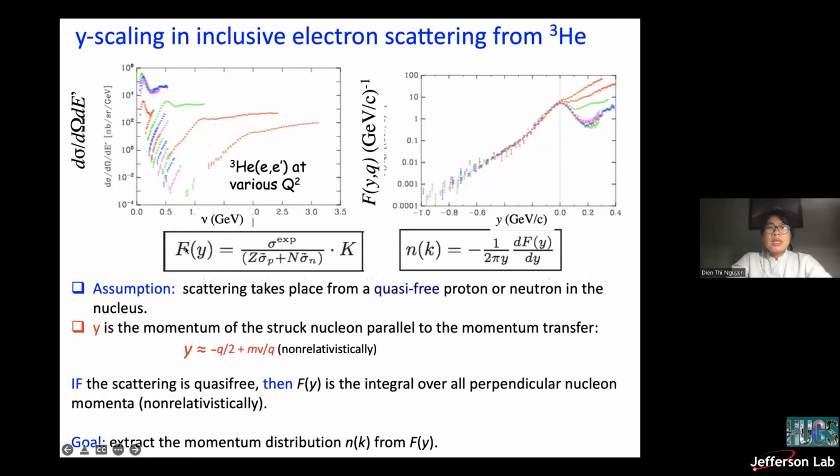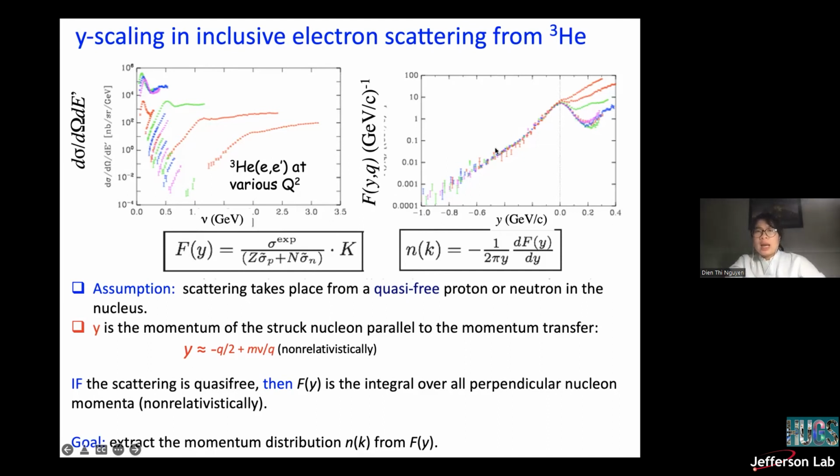You can calculate this scaling function from the cross section you measure experimentally, and then you divide by the total cross section: Z multiplied by the electron-proton cross section plus the number of neutrons times the neutron cross section, and some kinematic factor. It is not important here, it just depends on the kinematics. So from the cross section, you can extract this F of y function, and it is plotted here.